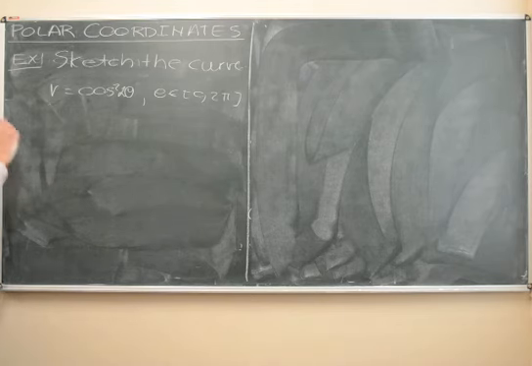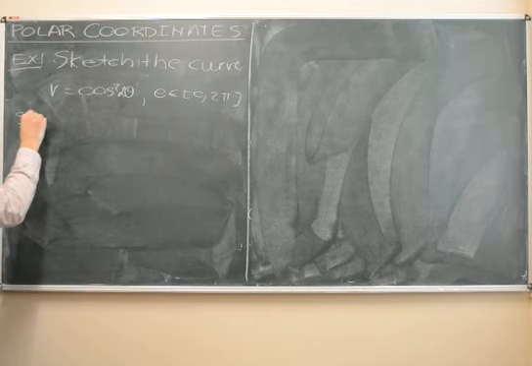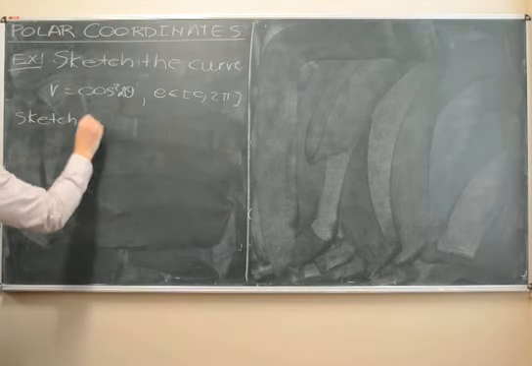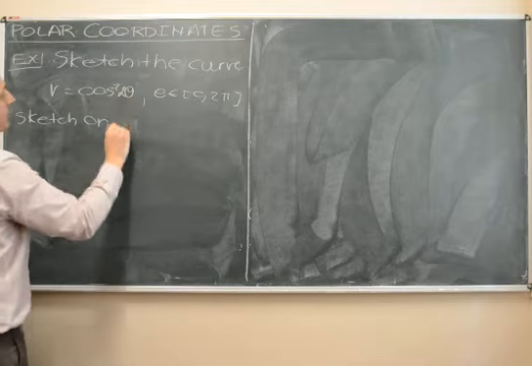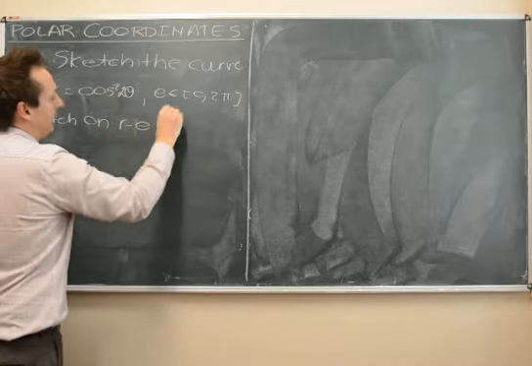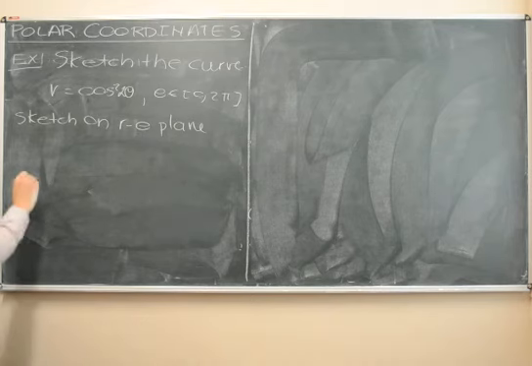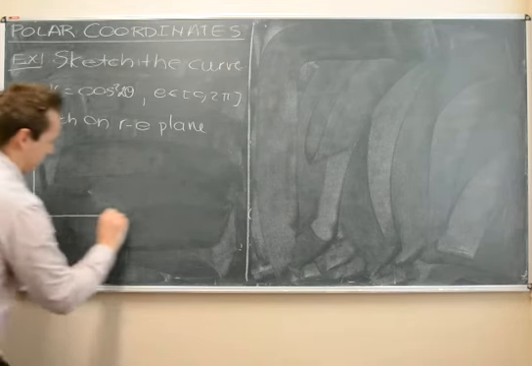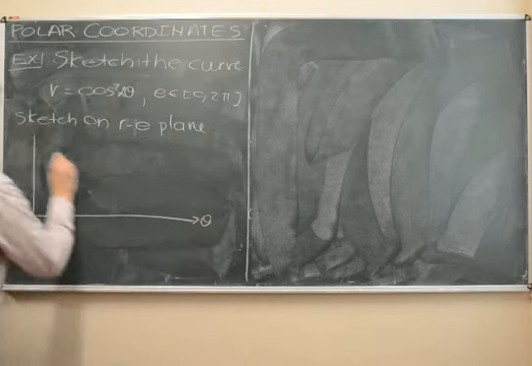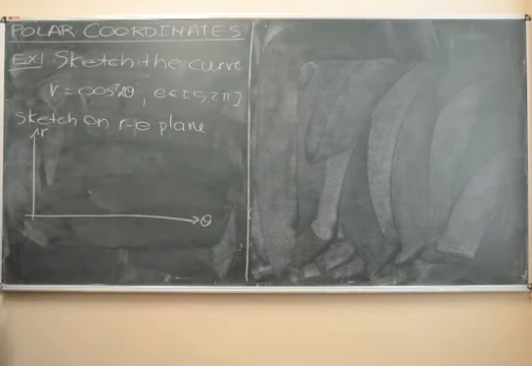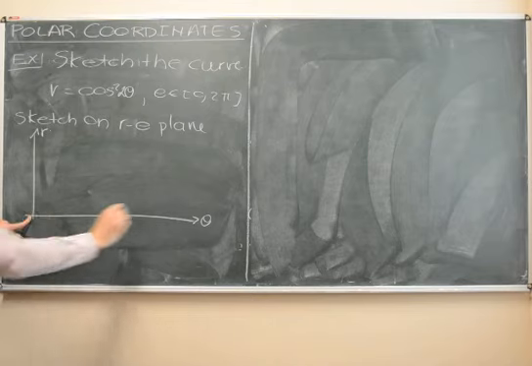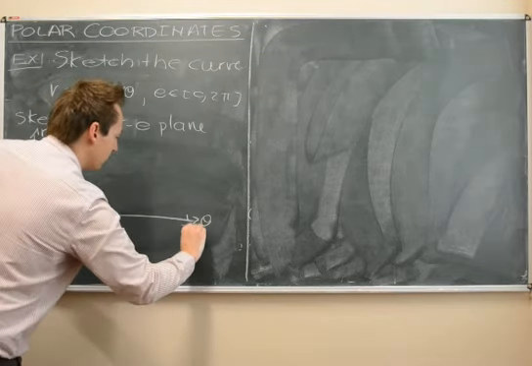In other words, we're going to sketch this equation on the r theta plane. So let's put theta over there and r over there. Theta is between 0 and 2 pi.